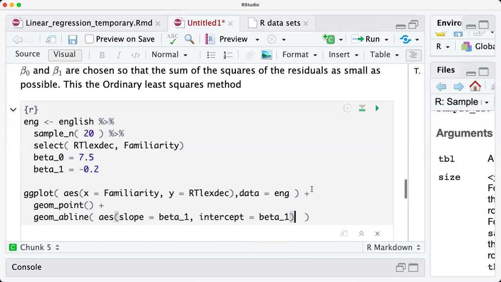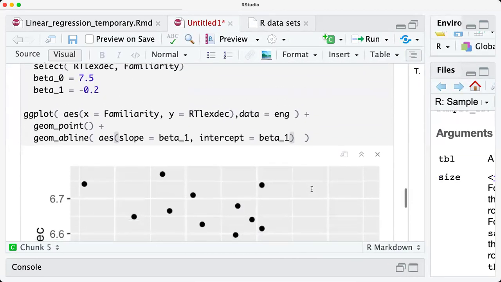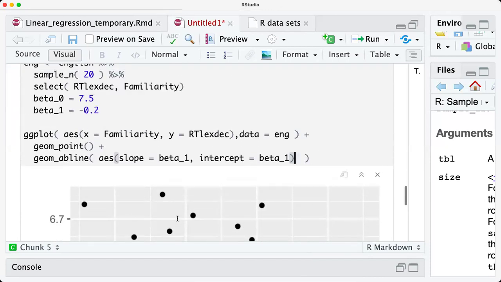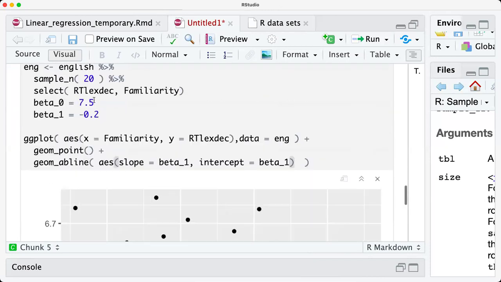So this line passes at 2, it will pass at, okay, I exaggerated the intercept.